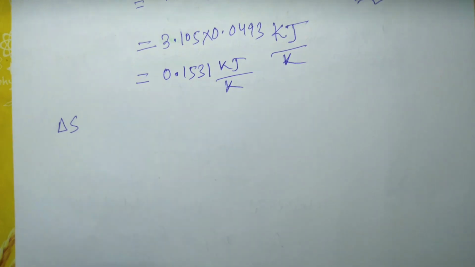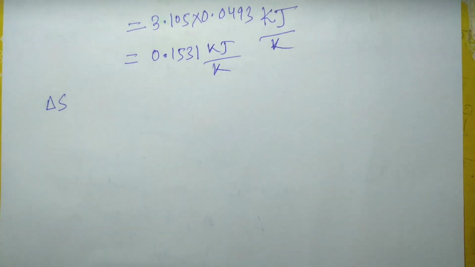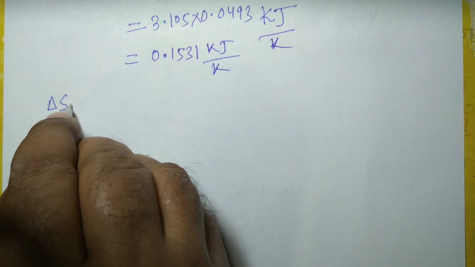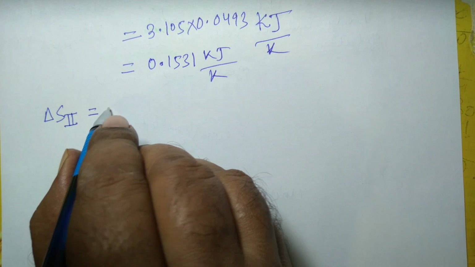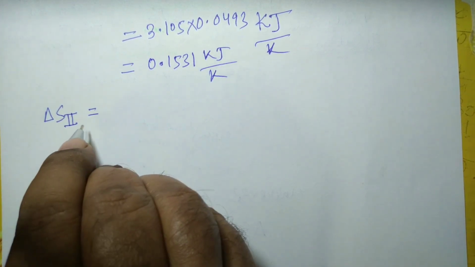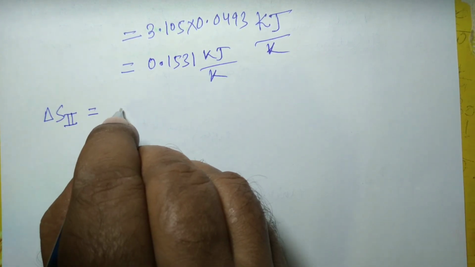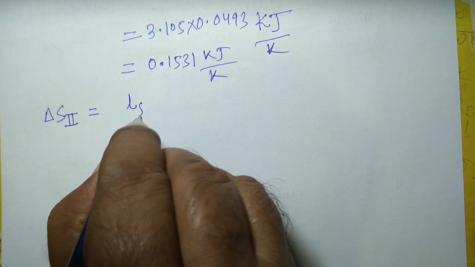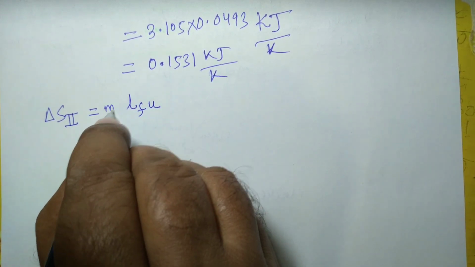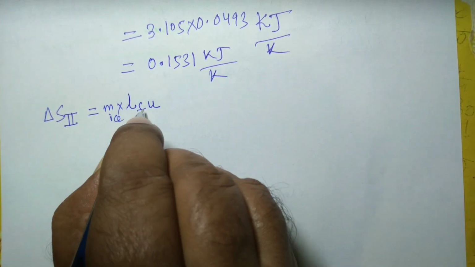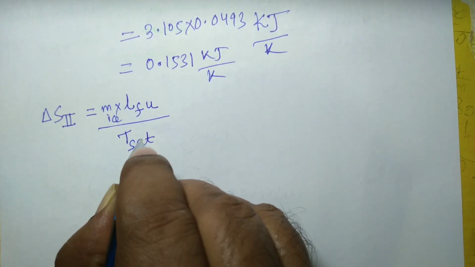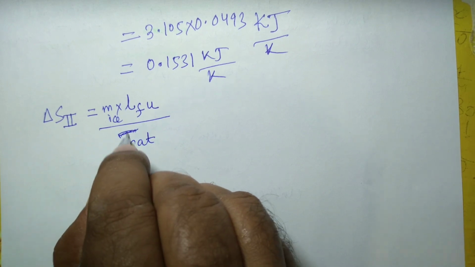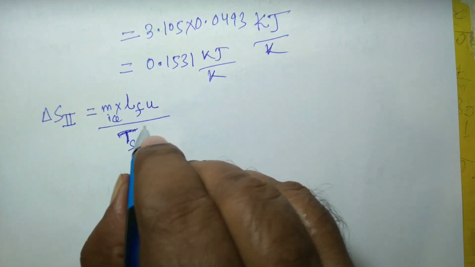Similarly, during stage 2, when the phase change of ice takes place at the saturation temperature of 273.15 Kelvin, when ice is converted into water at a constant pressure of 1 bar. At that time the change in entropy is nothing but mass of ice multiplied by latent heat of fusion divided by T saturation, because temperature does not change during this stage.